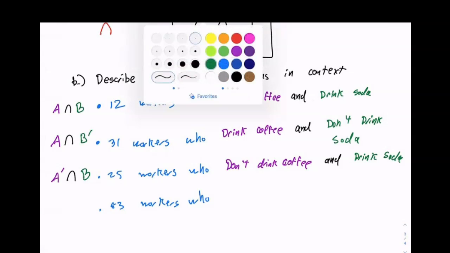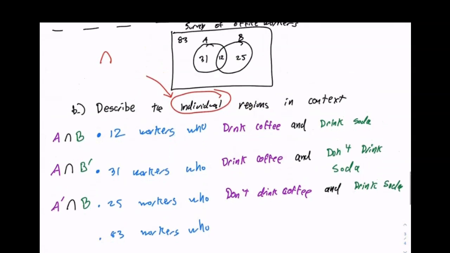And what about the region with 83, which is everything outside of the circles? A prime union B prime. Both prime. Why is it A prime, B prime?